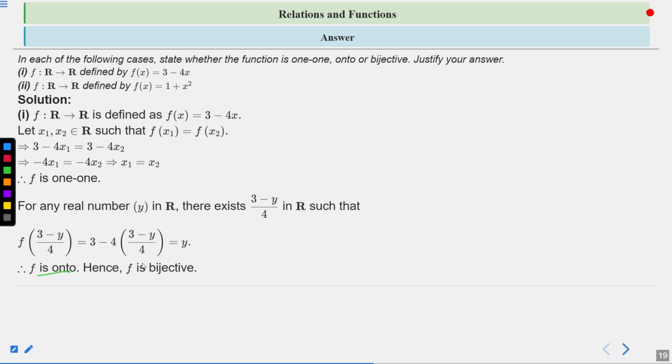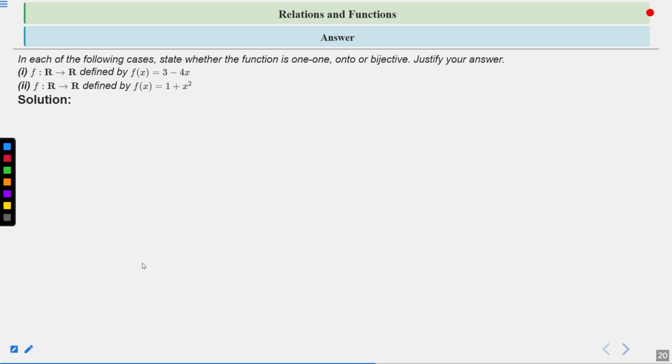Hence our function is bijective. When a function is onto as well as 1-1, then we say our function is bijective. For the second part, f defined from R to R, f(x) as 1 plus x square, starting with two elements from the domain set and setting up f(x1) is equal to f(x2).